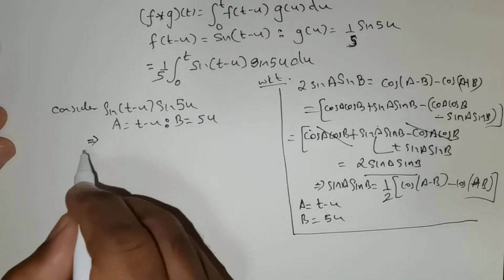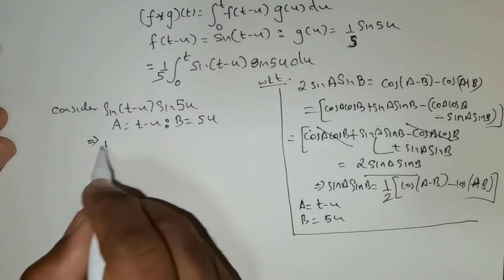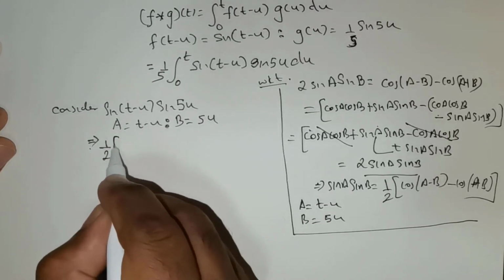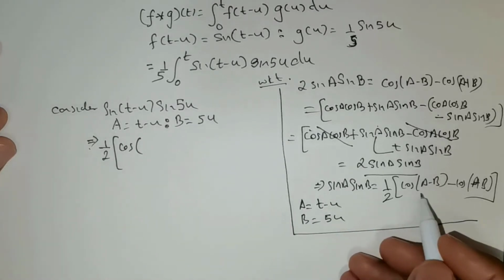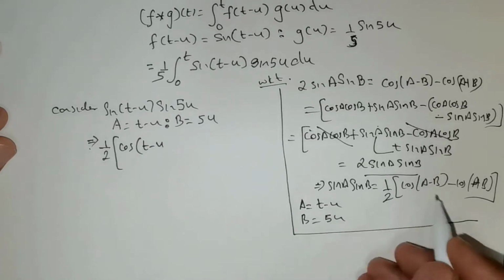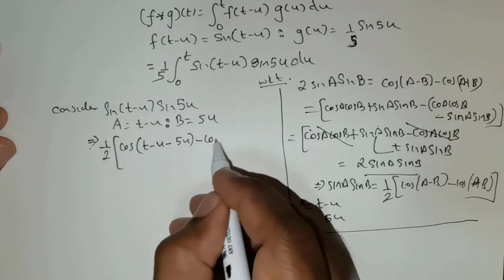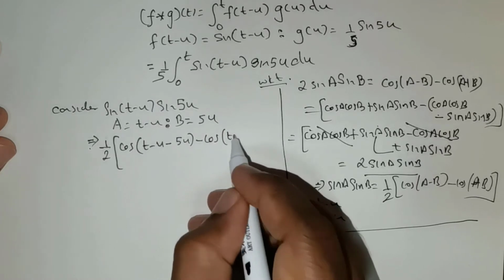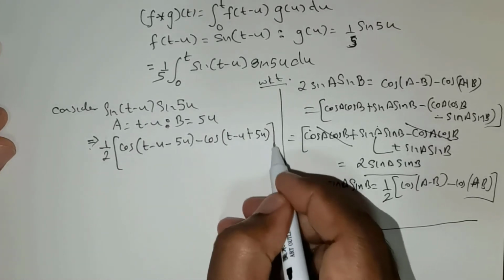So this would mean my sin A sin B is going to be 1 over 2 times cos of A, which is t minus u, followed by a negative sign, my B is 5u, followed by negative cos of my A, which is t minus u, followed by a positive sign and 5u. So this is what we've got.